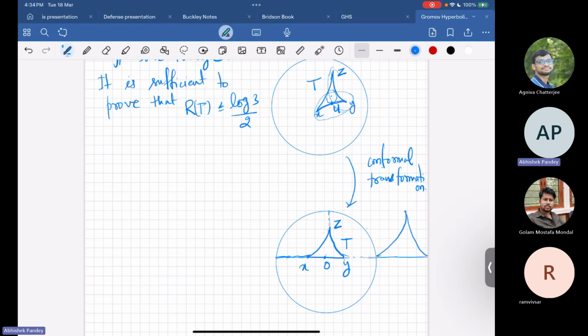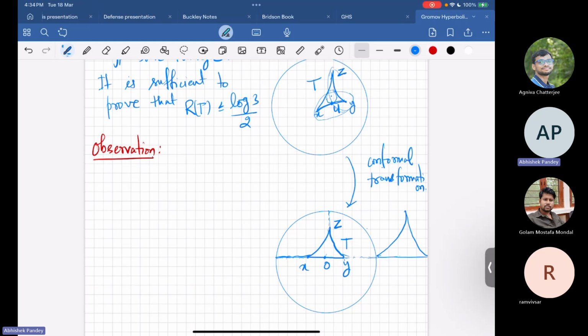Why can we assume this? This is kind of an observation, and it needs justification, but one has to do some hyperbolic trigonometry in that one.